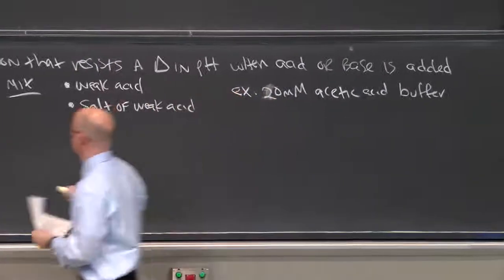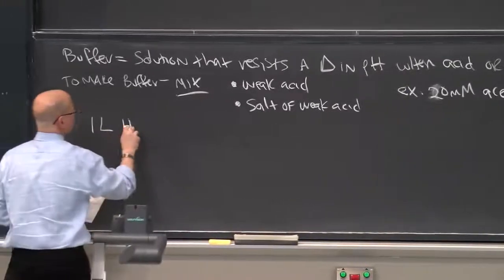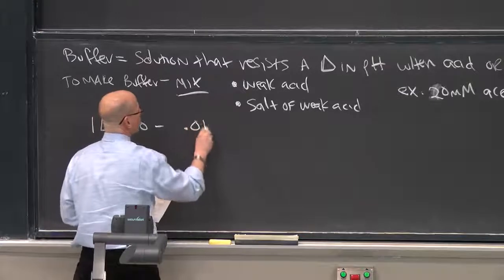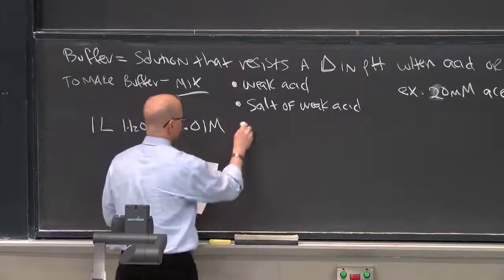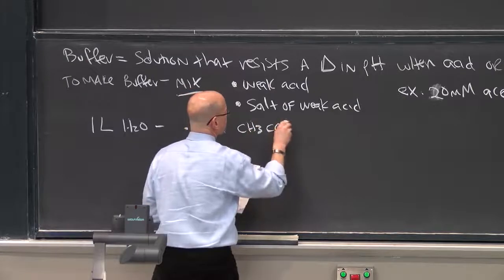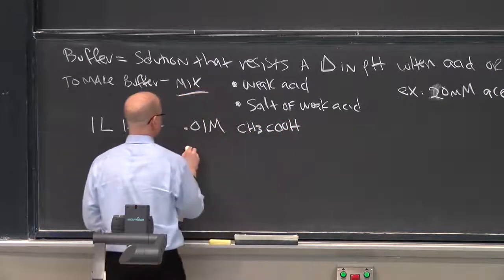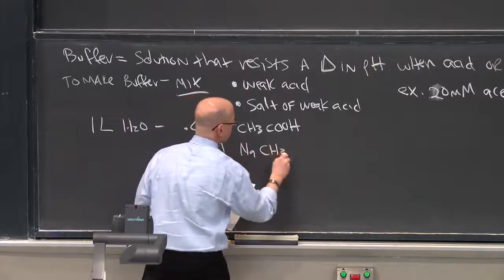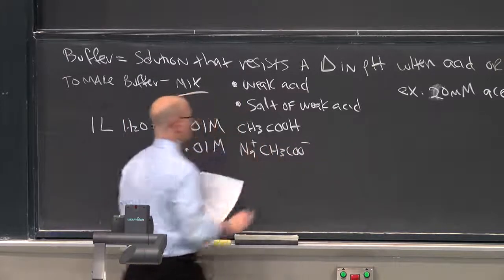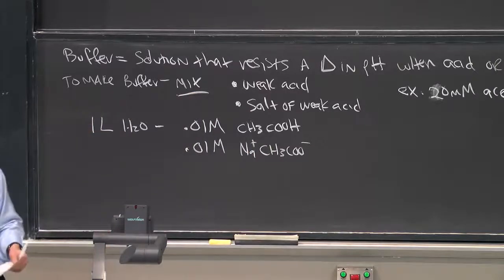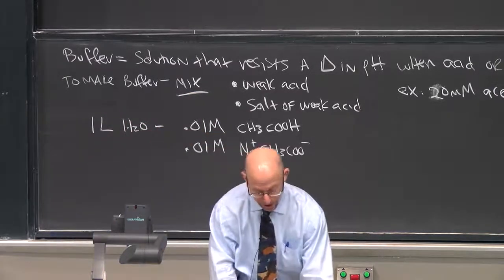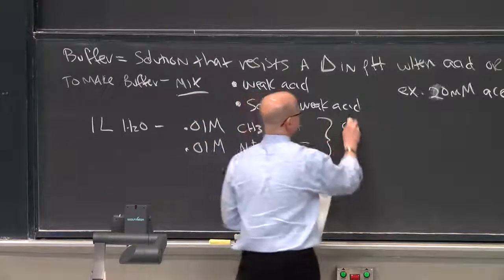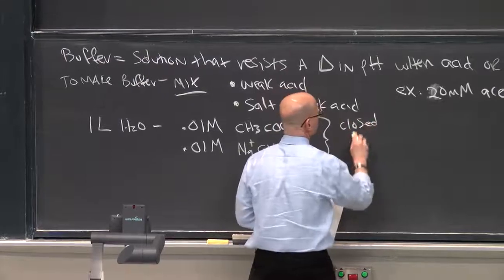So we're going to use 1 liter of H2O as our final volume, and we will dissolve in it 0.01 molar acetic acid and 0.01 molar sodium acetate. Now, when I do that, this is an important point. This is an example of what we're going to call a closed buffer system.